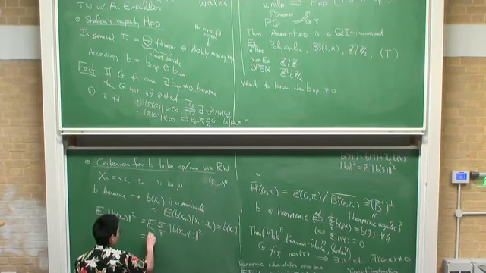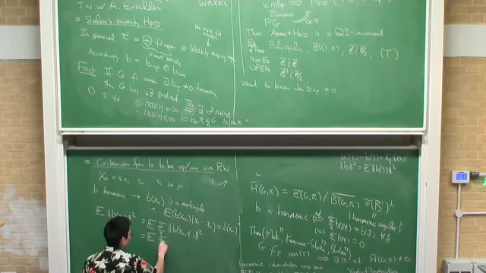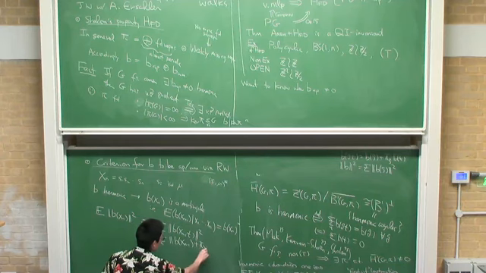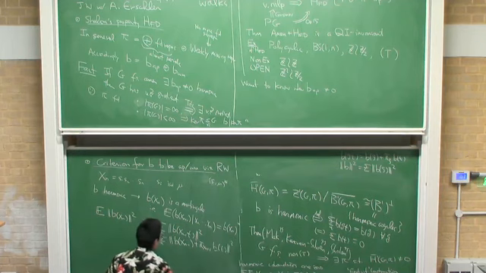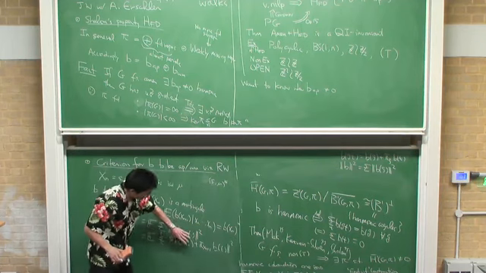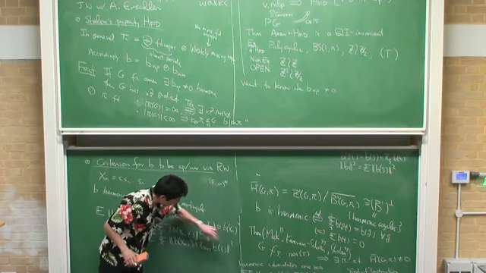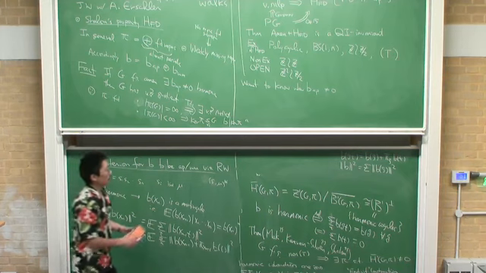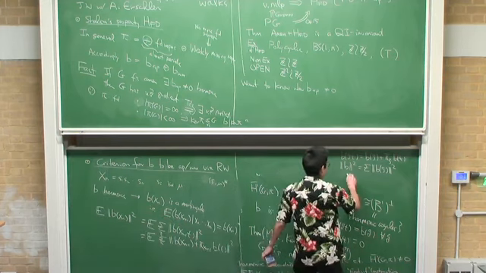Okay, I write. And then this is a norm of this plus norm square of this, norm square of this, and the cross term. But the cross term is going to be 0 because B is harmonic.